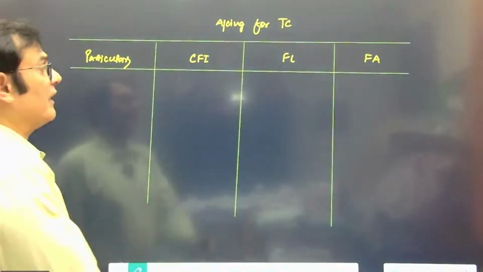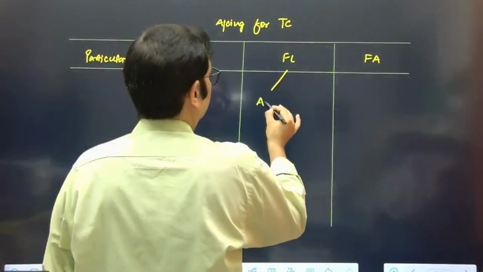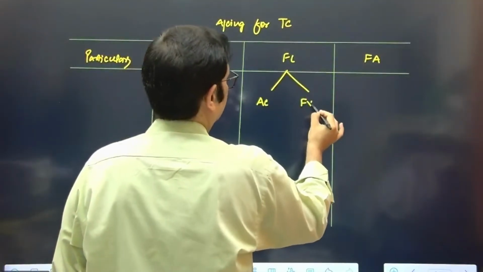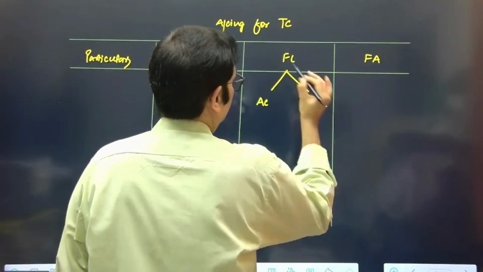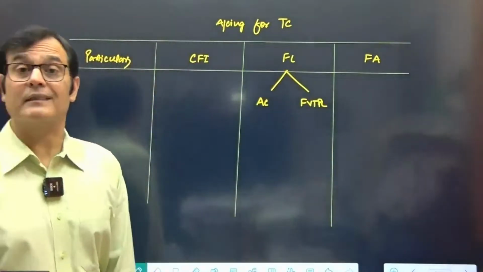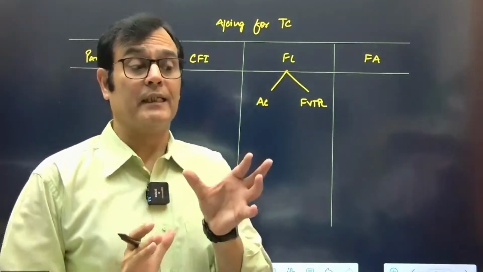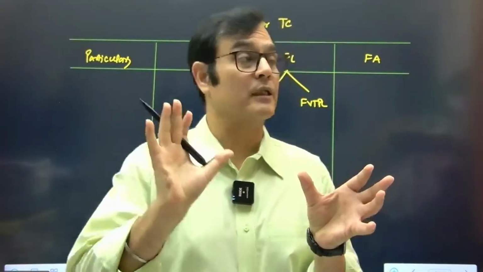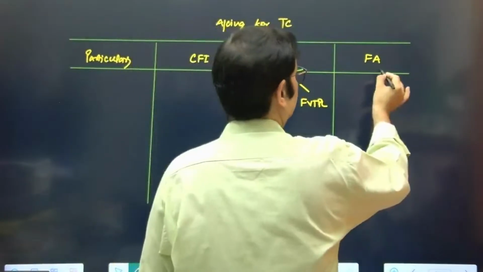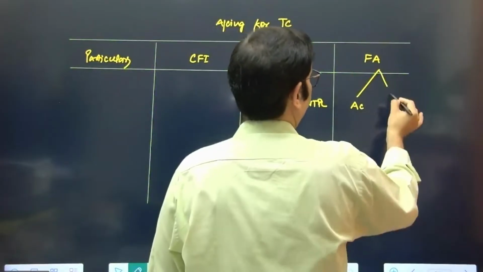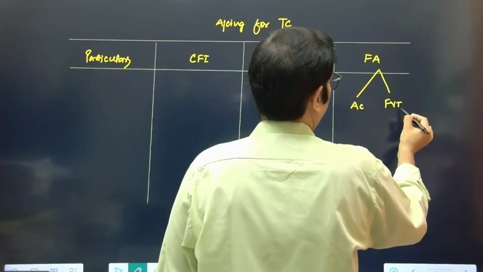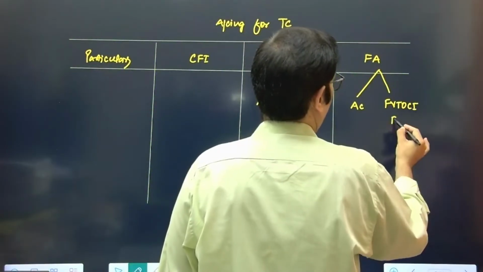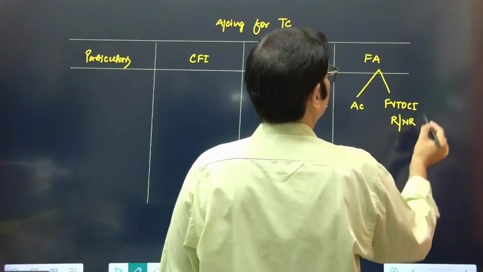Now, as far as financial liabilities are concerned, they are either at AC or at FVTPL. So financial liabilities are taken in only two categories, either at amortized cost or at FVTPL. There is no FVTOCI in terms of financial liability. And financial assets will be at AC or FVTOCI. It could be R or NR, whatever.